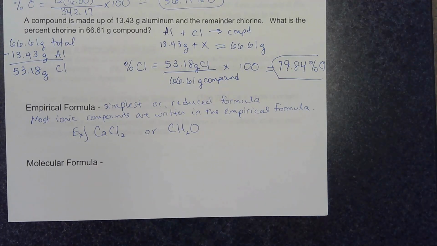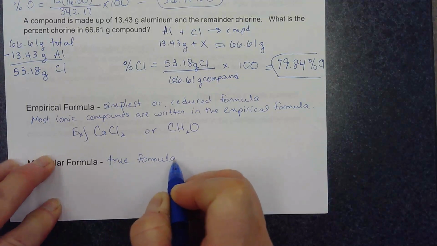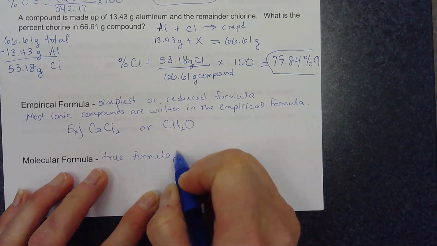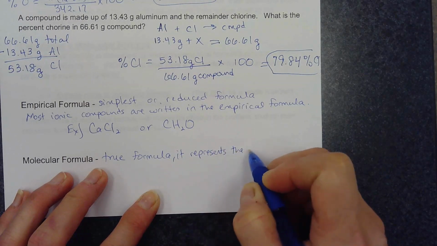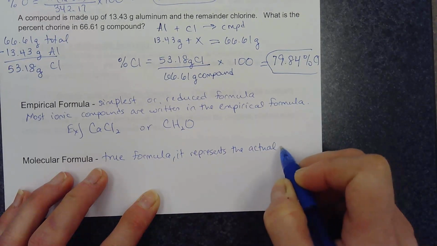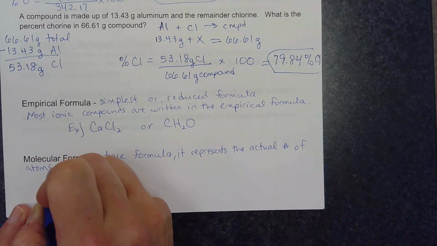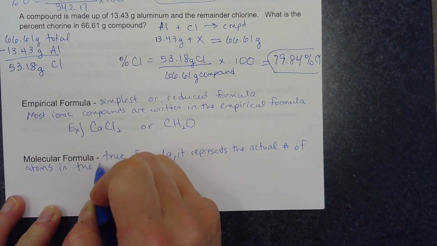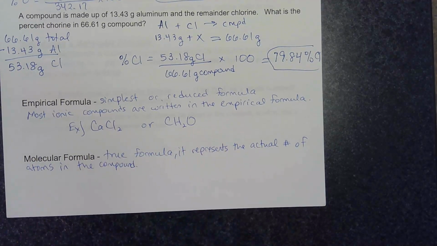A molecular formula is a true formula. It represents the actual number of atoms in the compound. It's the true formula.